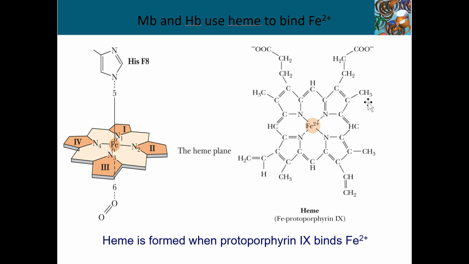So what allows for oxygen to be bound by hemoglobin is heme groups. A heme group is an iron-containing, highly conjugated system, which we see over here on the right side.